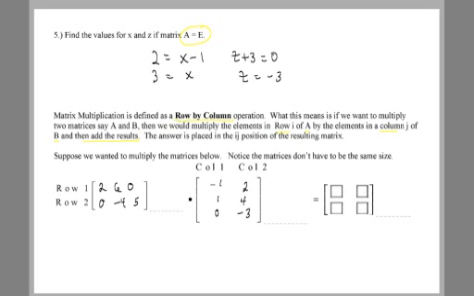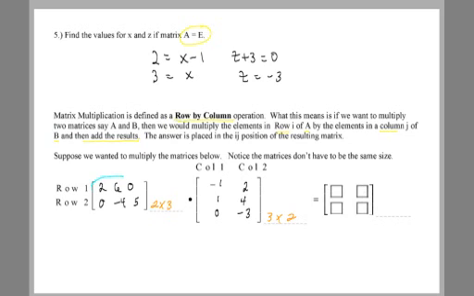First, let's look at the dimensions of our matrices. This first matrix is a 2 by 3 matrix. Our second matrix is a 3 row by 2 column matrix. Since this is a row by column operation, I've got to watch my dimensions and see if they'll work when I multiply a row of the first by a column of the second.